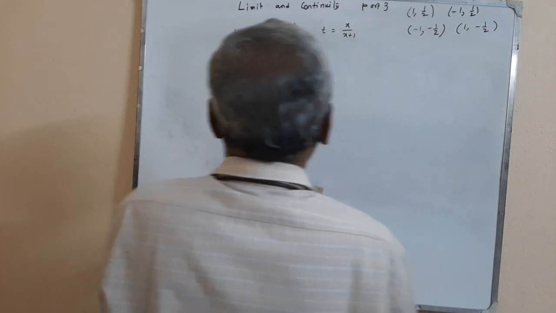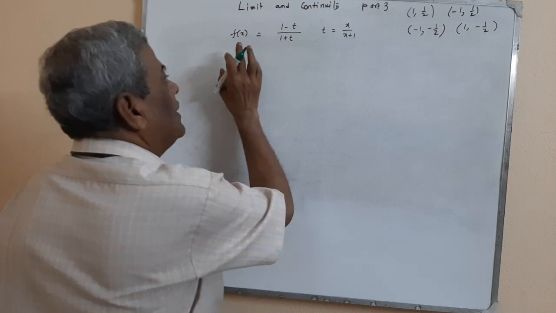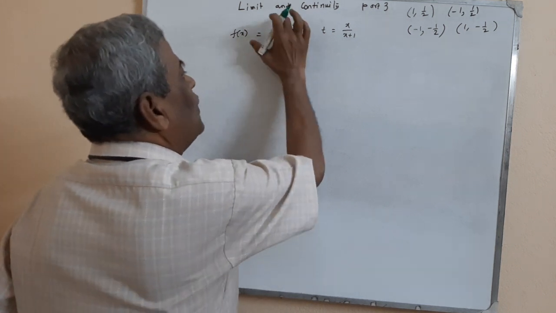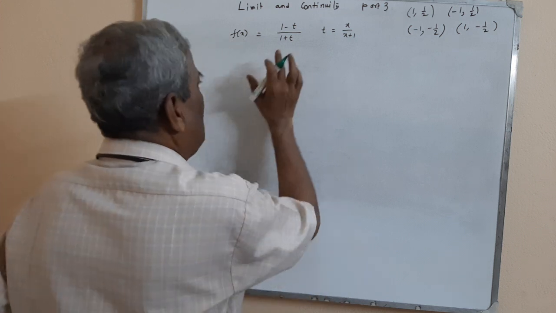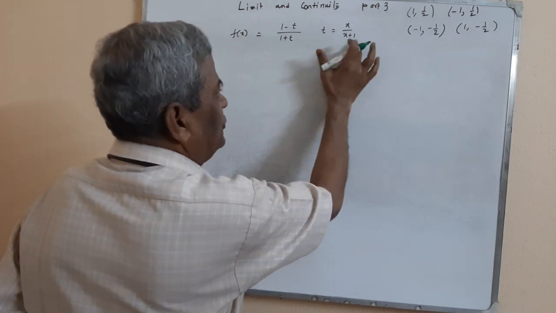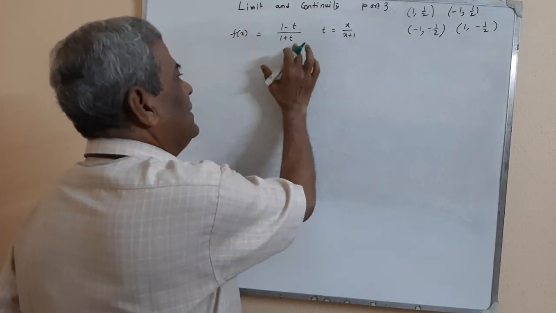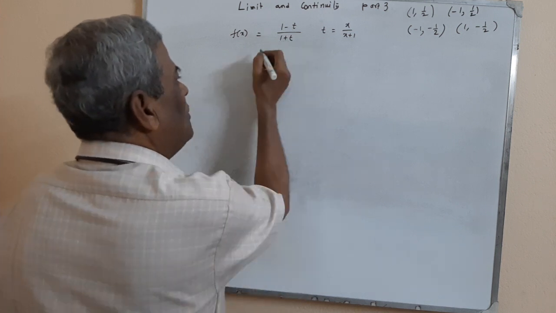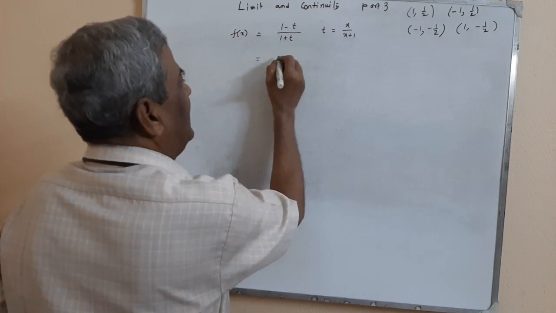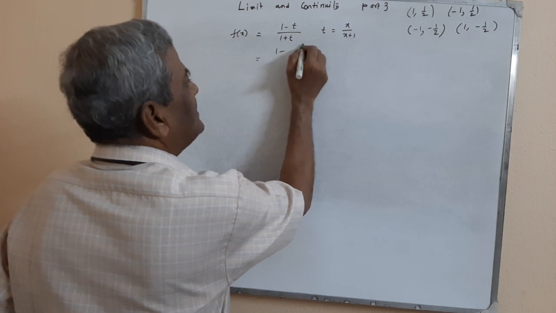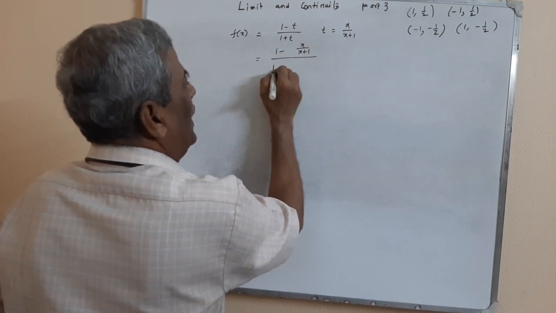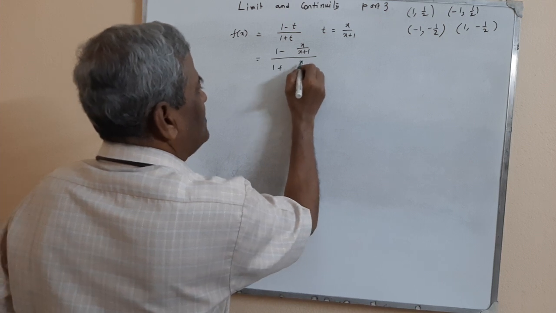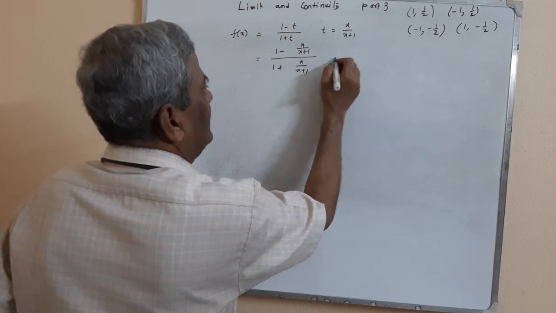Okay, so actually f(x) is equal to (1 minus t) by (1 plus t). It is not a function of x, but t itself is a function of x. So ultimately, this is a function of x. Putting these values of t over here, (1 minus x by (x plus 1)) by (1 plus x by (x plus 1)).